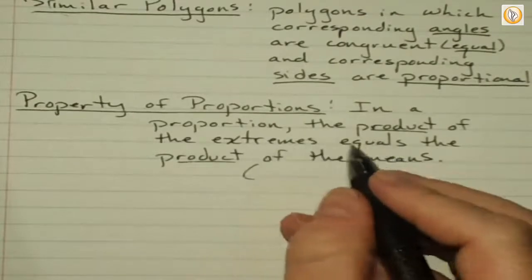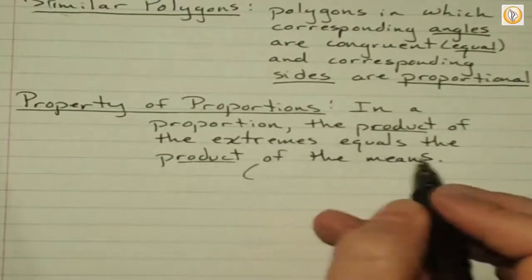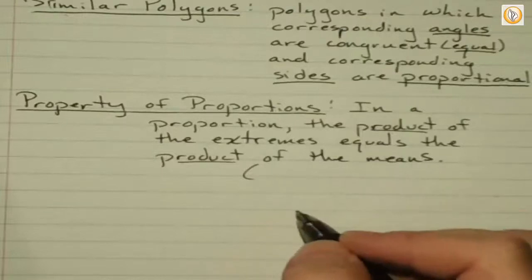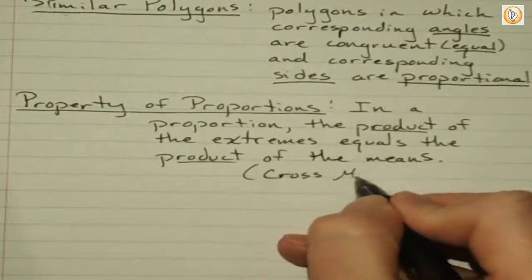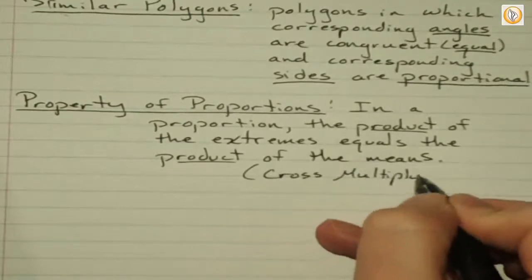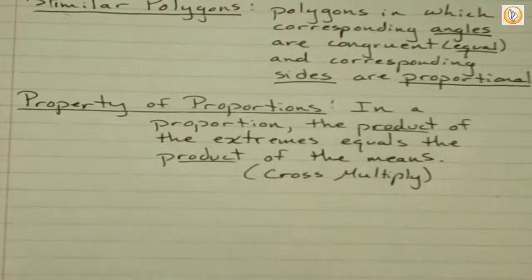In a proportion, the product of the extremes equals the product of the means. Blah, blah, blah, blah, cross multiply. All that you just wrote means cross multiply. Why they didn't just say cross multiply, I don't know.